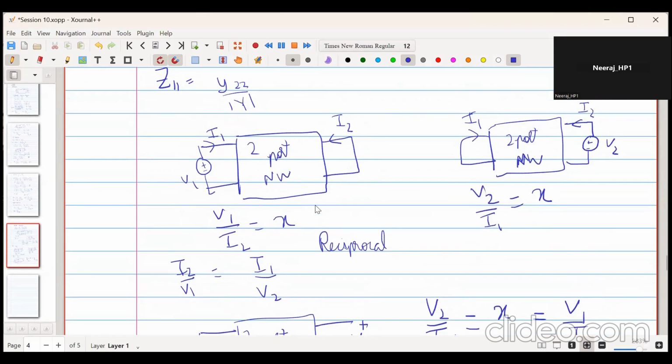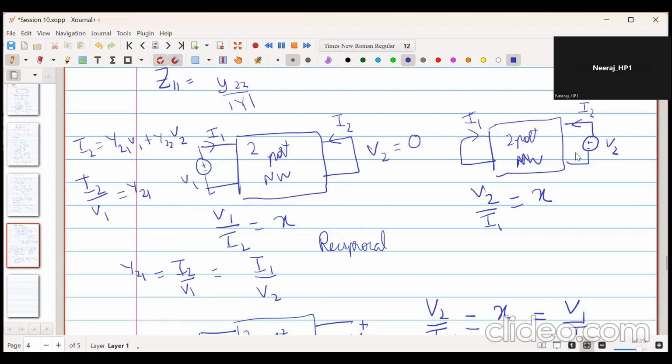If this was in terms of y parameters, we put V2 to be equal to 0. Okay, over here, V2 is equal to 0. So we know I2 is equal to y21 V1 plus y22 into V2. So we put V2 equal to 0. That means I2 upon V1 is equal to y21. So this is equal to y21.